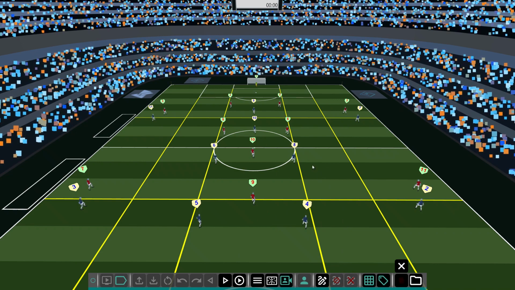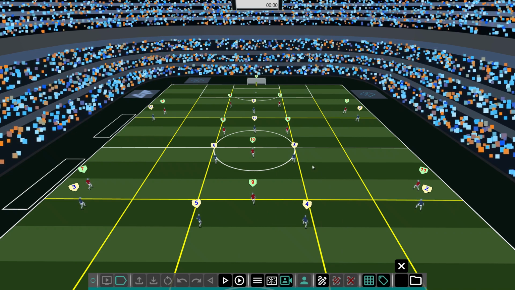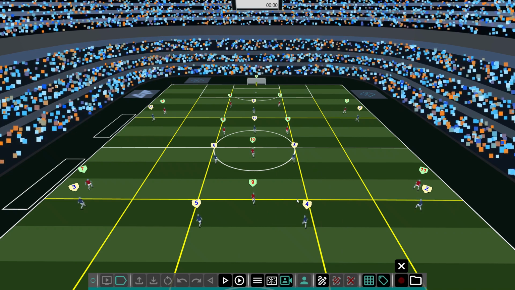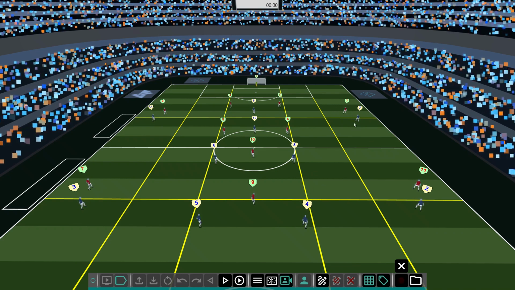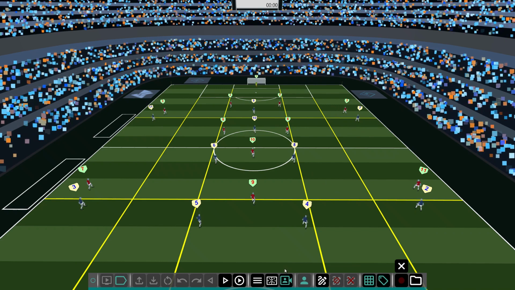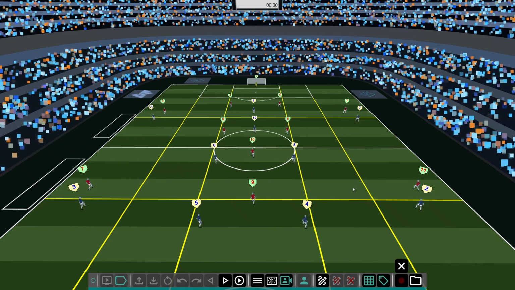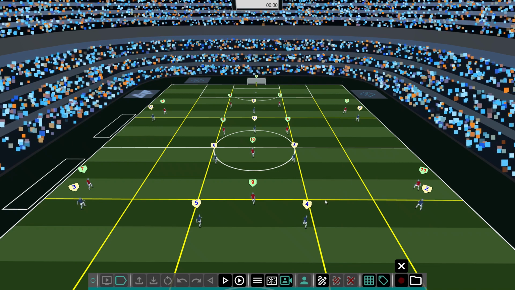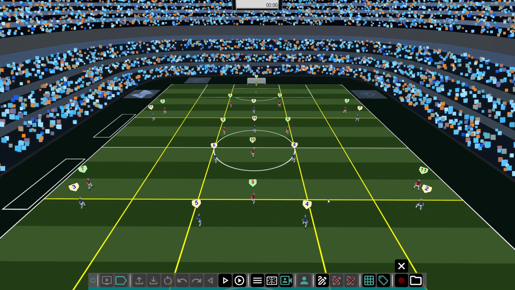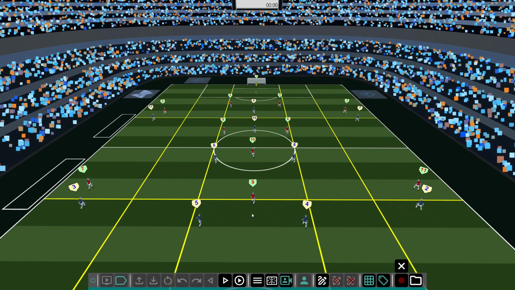Remember, the opposition will want to try and stop us doing what we want to do, so it is going to be challenging. But if this is the key area that we want to start with, then playing out from the back may look better starting down this side. So that's the first point on that.